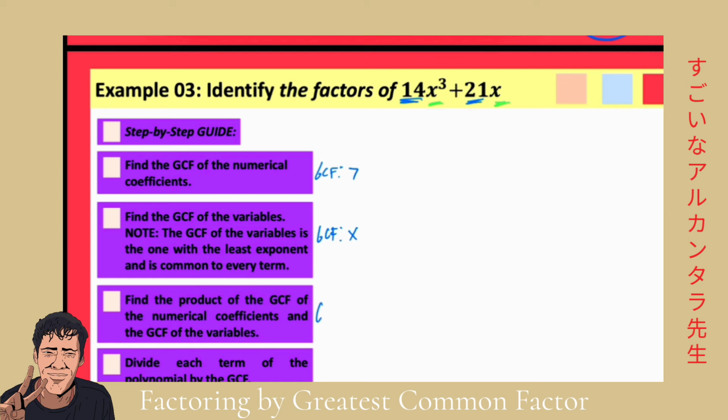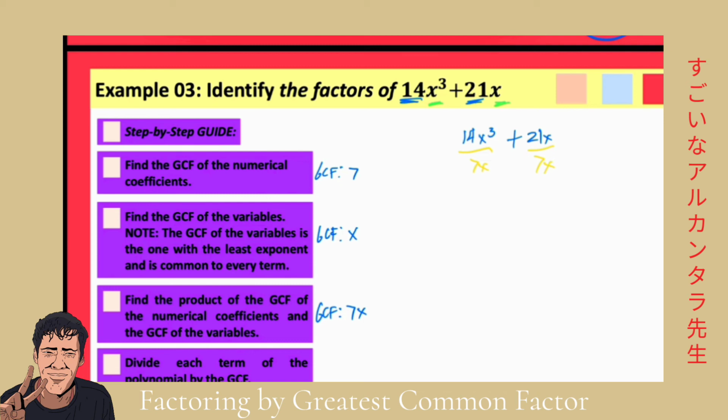So the GCF that we're going to use for this example is 7x. And lastly, we divide each term, 14x cubed plus 21x, by our GCF, 7x.